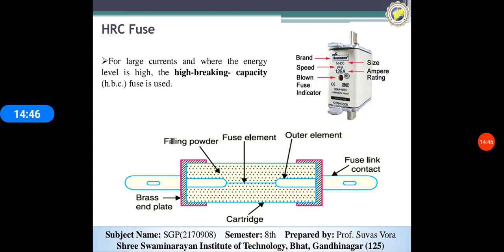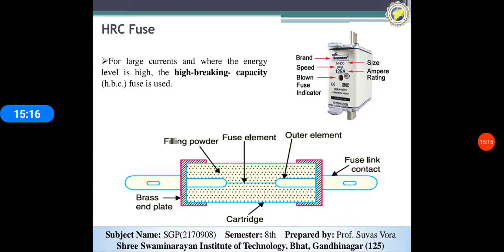In the tube you can see the filler powder, the filament element, it means the fuse element, the outer element, and the cartridge, a type of transparent tube. You can see the basic model here. The small figure looks like an HRC fuse which is fitted in the contacts.